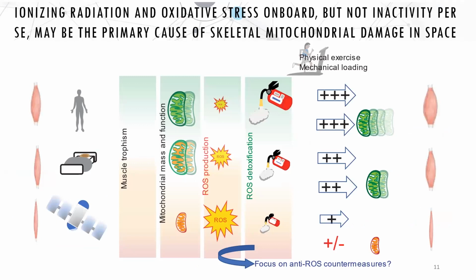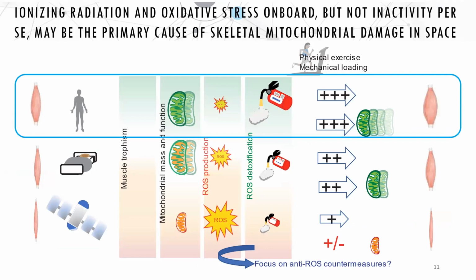Let's see if we agree. So we think that ionizing radiation probably, but not inactivity per se, is the primary cause of mitochondrial damage in space. So what happens is when we are on Earth, we have a healthy balance of reactive oxygen species, which are also needed, by the way, for exercise, and the detoxification that keeps them at bay.